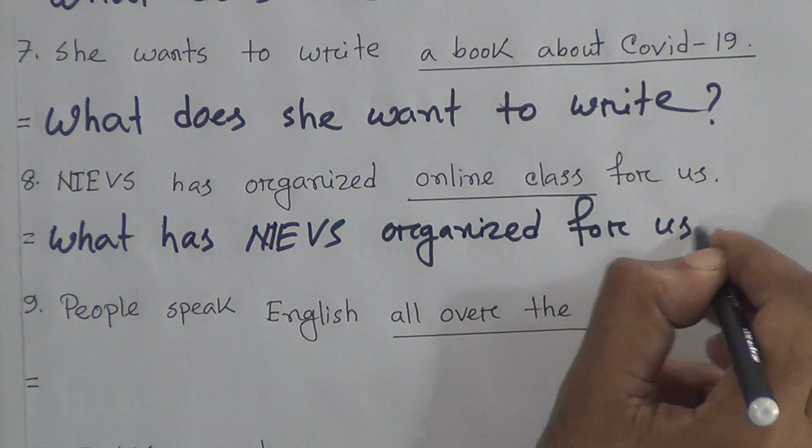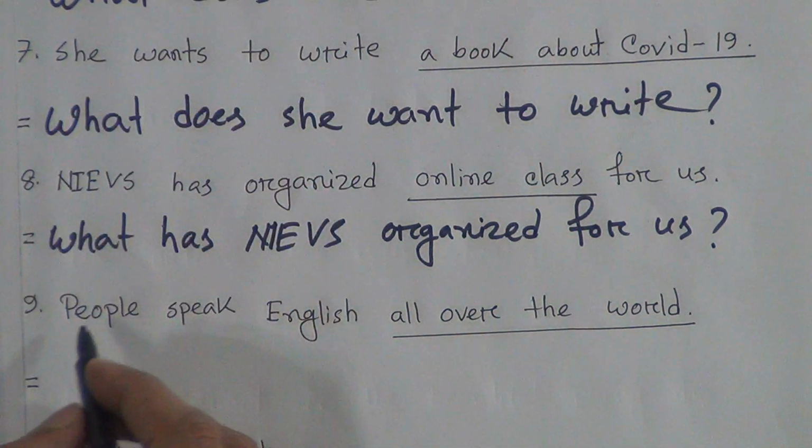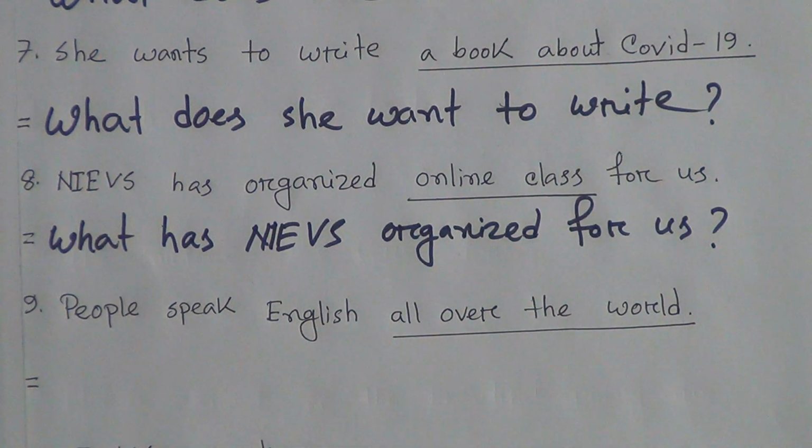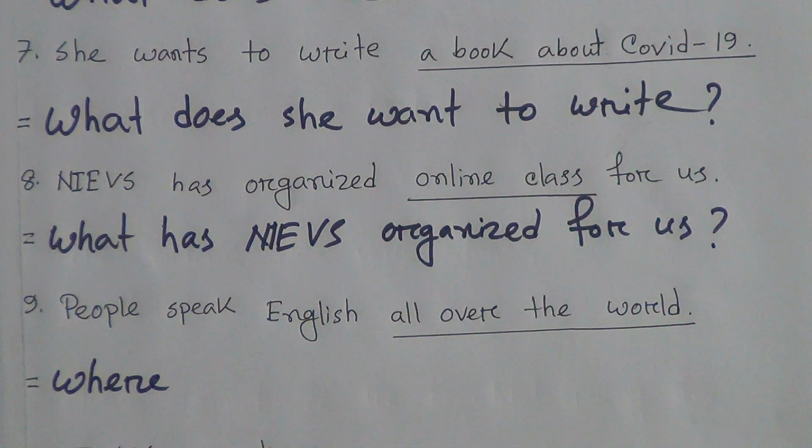Number 9, people speak English all over the world. Students, look at the underlined portion, all over the world. It indicates a place. When we give information about a place, we ask a question with where.